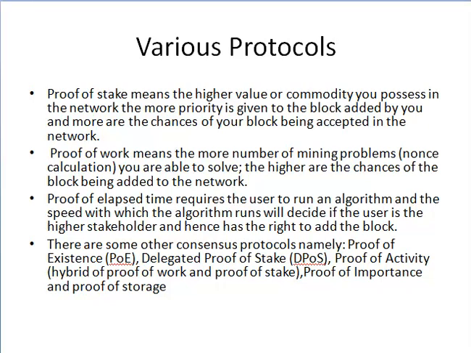It requires the user to run an algorithm, and the speed with which the algorithm runs will decide if the user is the higher stakeholder and hence has the right to add the block or not. There are also other algorithms, like proof of existence, delegated proof of stake, proof of activity, and proof of importance.